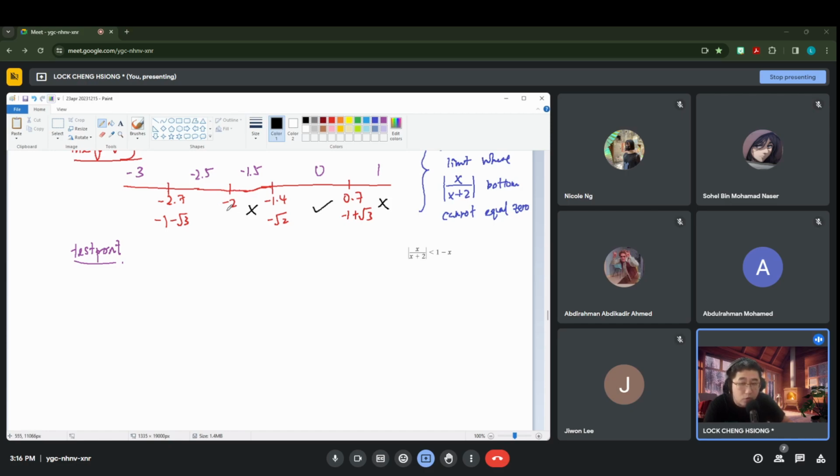This is also positive. Then this is not. Then calculate negative 3. This is accepted. Therefore, the answer is x is lesser than negative 1 minus square root 3, and x in between negative square root 2 and negative 1 plus square root 3.